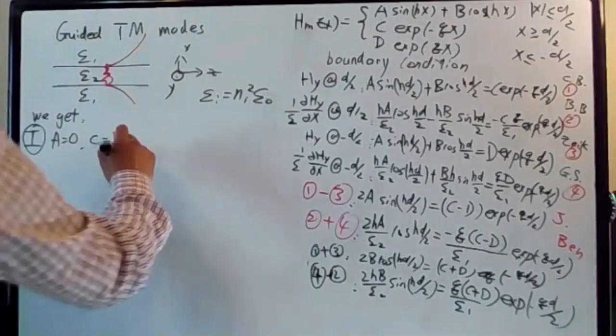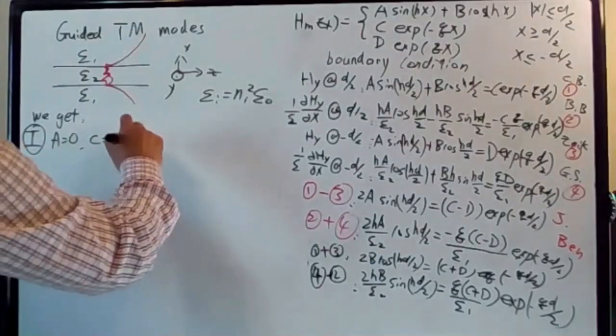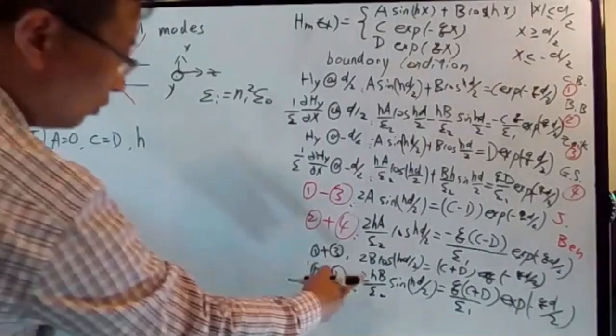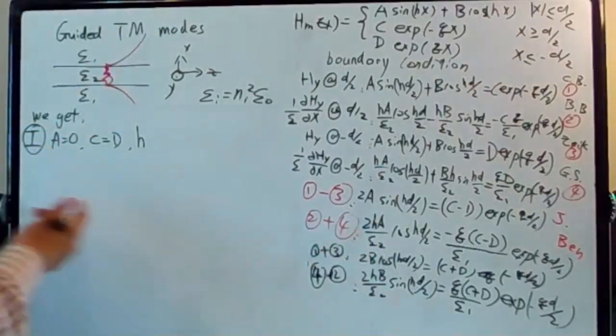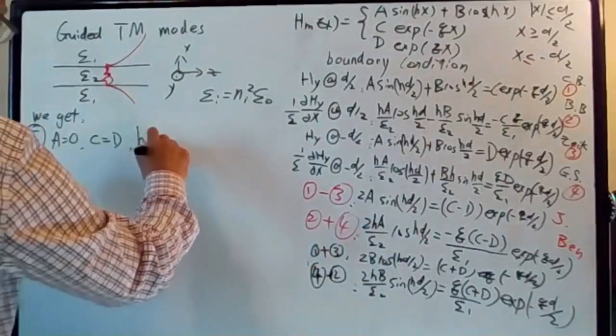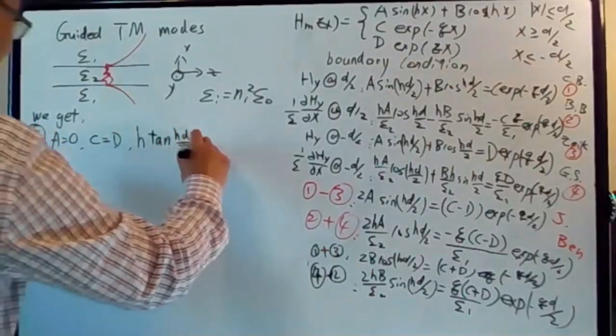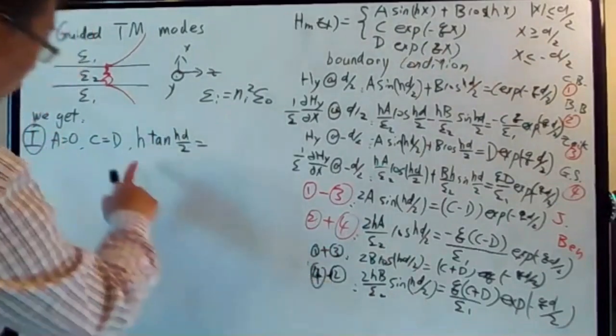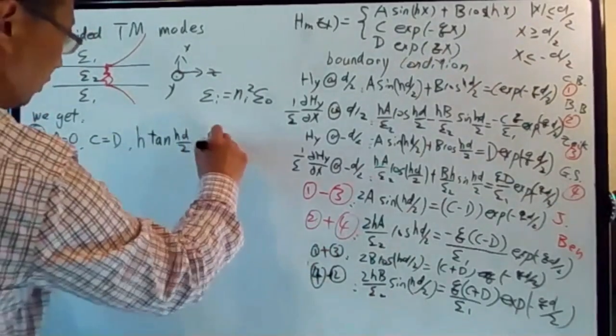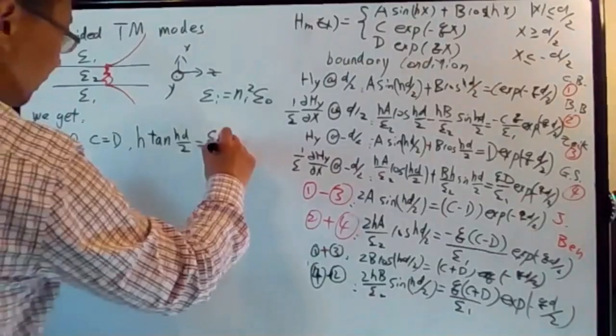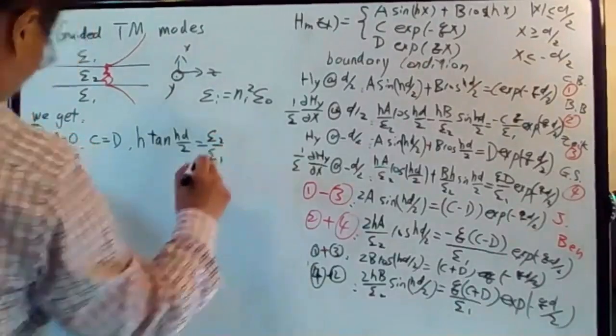So the 2B cancels out, and H tangent HD over 2 equals, with epsilon 2 in the denominator, the Q over epsilon 1.